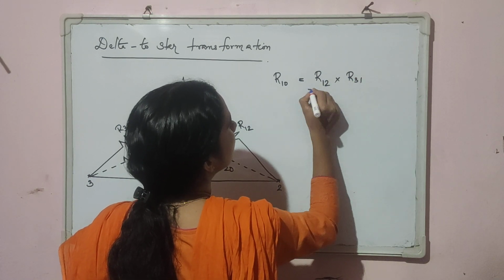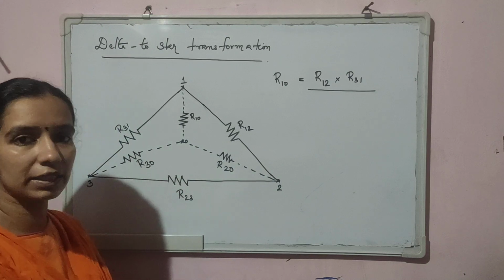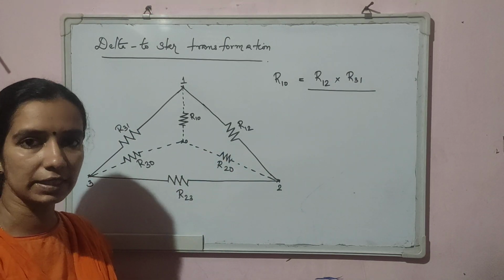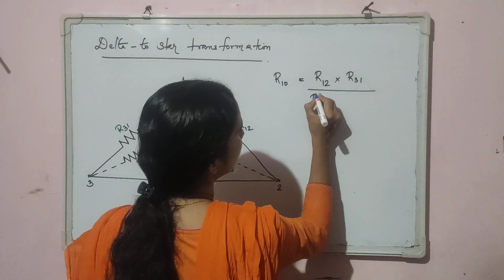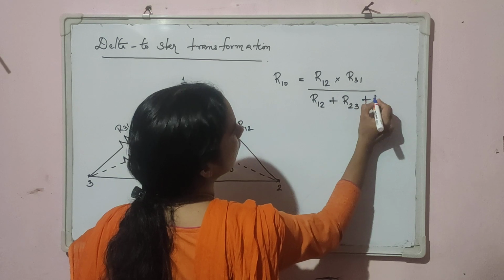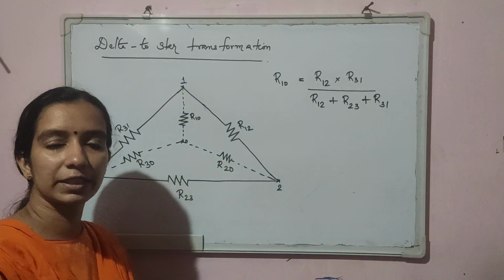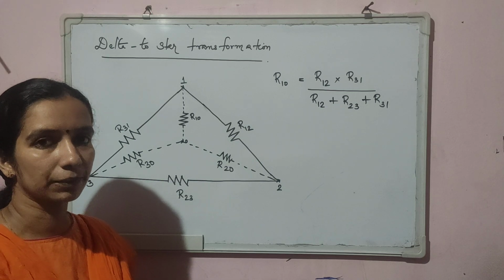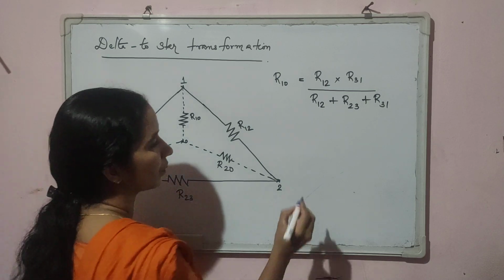divided by, and the denominator is the sum of all resistors of the delta connected system, that is R12 plus R23 plus R31. So this is the denominator, and the denominator will be the same in all the 3 equations. Only the numerator changes here.